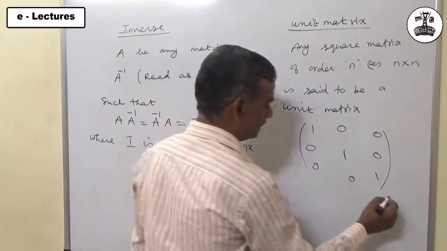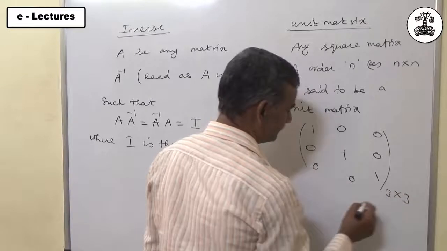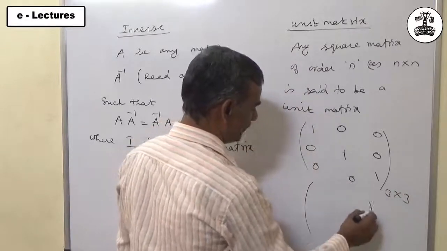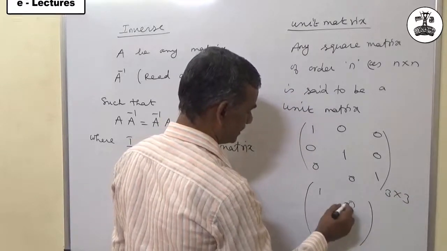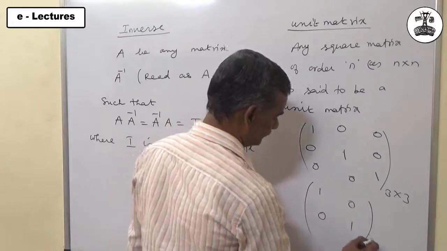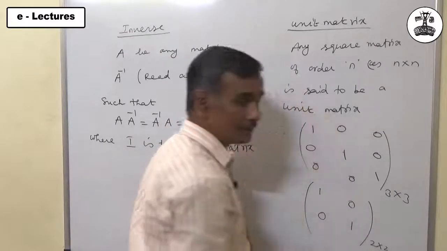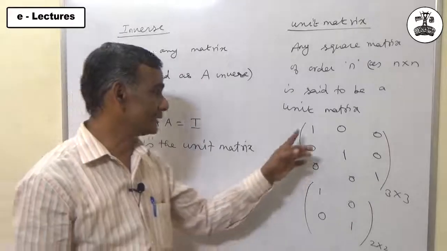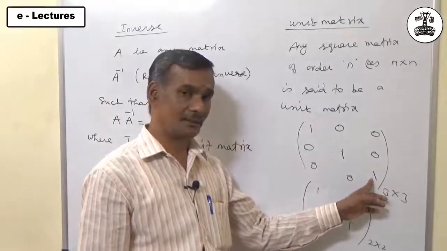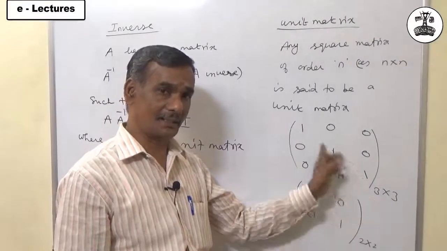This is a unit matrix of order 3 cross 3. So the unit matrix of order 2 is 1 0 0 1. Unit matrix means the diagonal elements all are 1 and all other entries are 0.